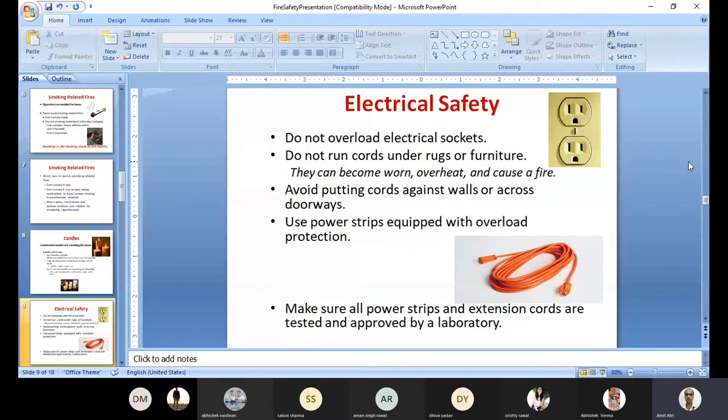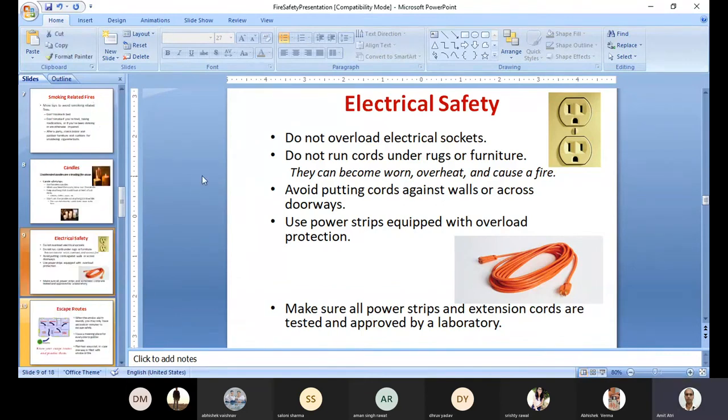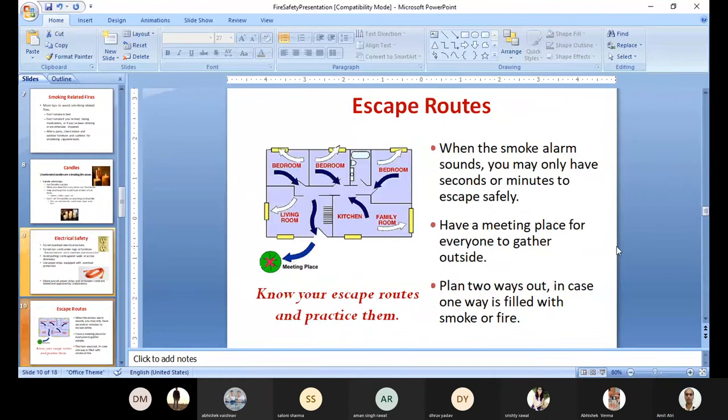Whenever there is overheating, the fuse will break down and discontinue the electric supply, so that overheating, burning and fire situations can be avoided. All extension cords and power cables should be tested and approved. The ISI mark is given here in India, so you can always look for that.